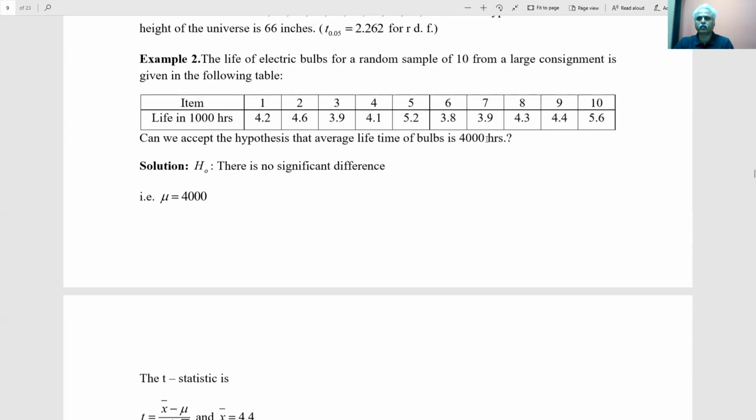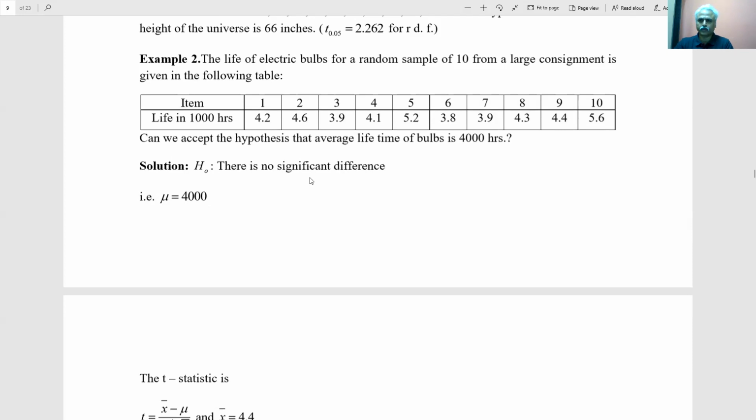The targeted mean is the population mean, but the sample mean we have to actually calculate. Mu is the notation for the population. The whole company is manufacturing so many bulbs. From that, 10 bulbs are taken. So 10 is the sample, but the company is targeting an average of 4000 hours. But because of human error and machine error, the bulbs may not last exactly 4000 hours.